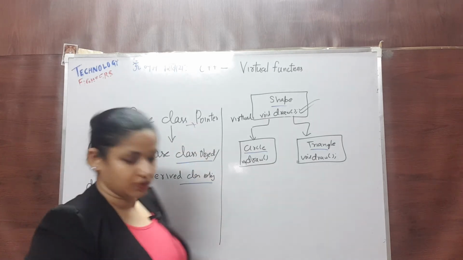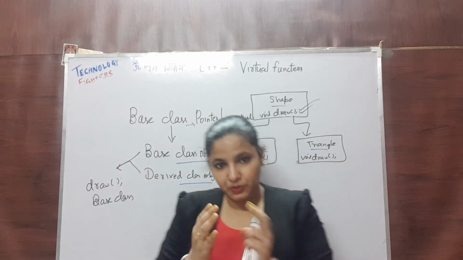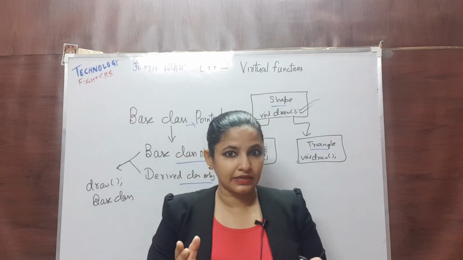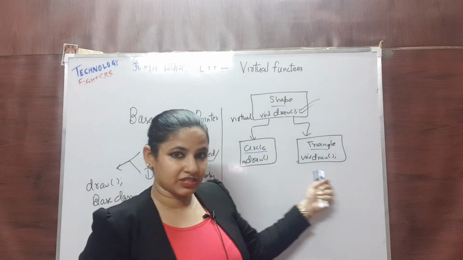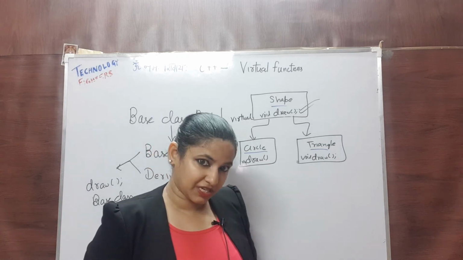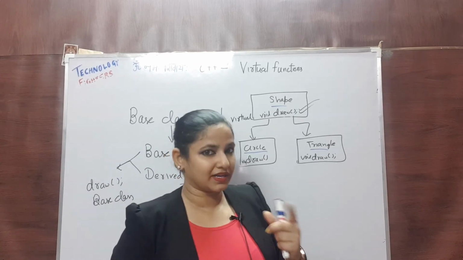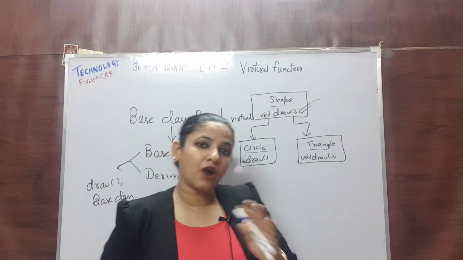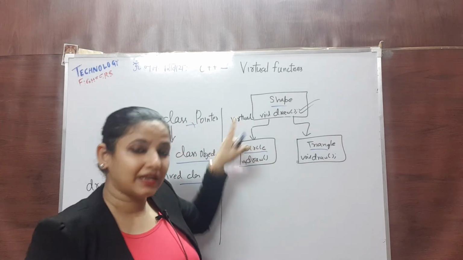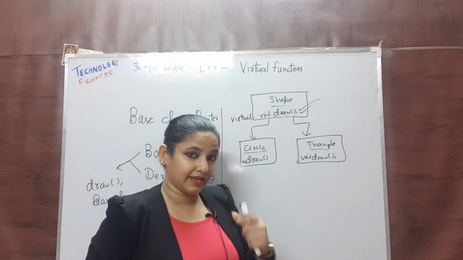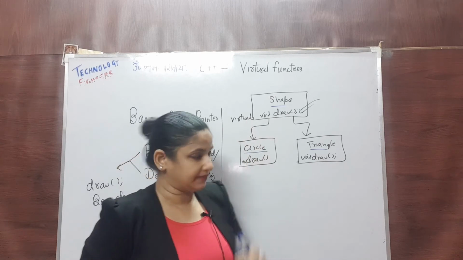Is it clear now? So up to now we know what a virtual function is. A virtual function is used so that we can execute derived class functions. Why is clear, right? What is also clear. How can we create a virtual function? Just by adding the keyword virtual in the base class. In the base class, we'll add the keyword virtual.